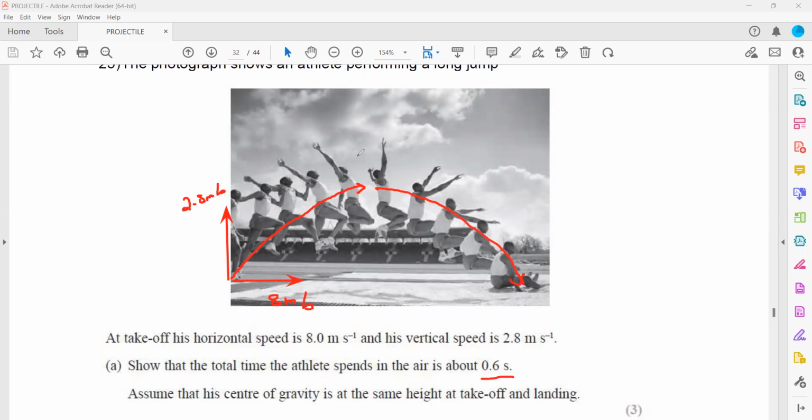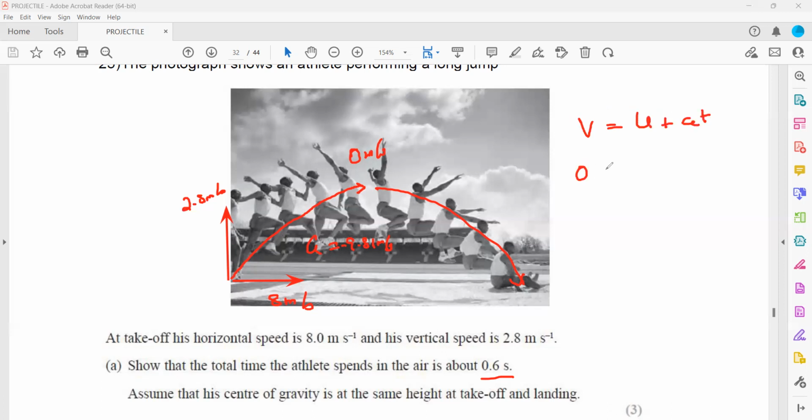So the vertical component will be 0 at the maximum height. It's on Earth, so the deceleration due to gravity is 9.81 meters per second squared. We'll use the equation of motion v equals u plus at.